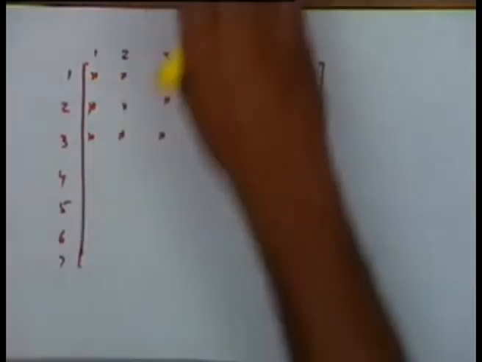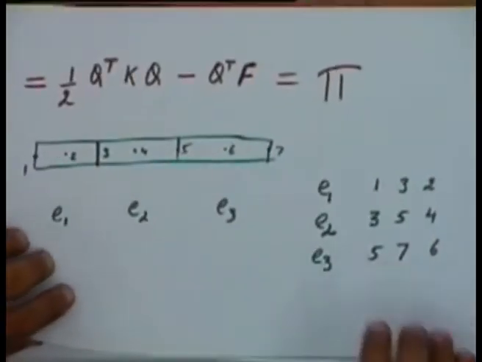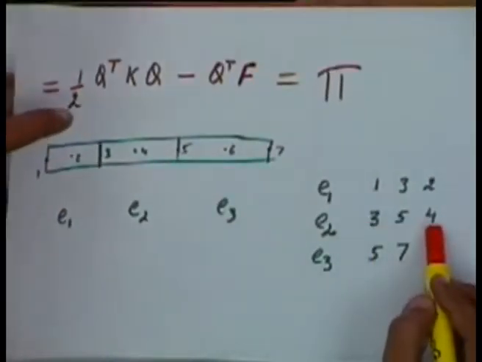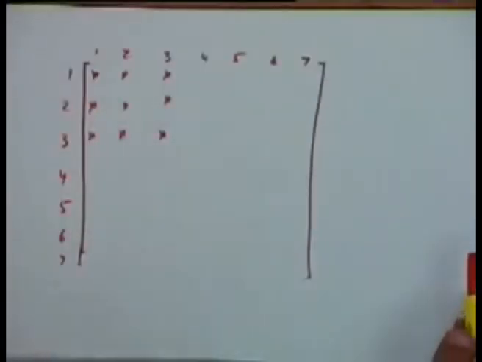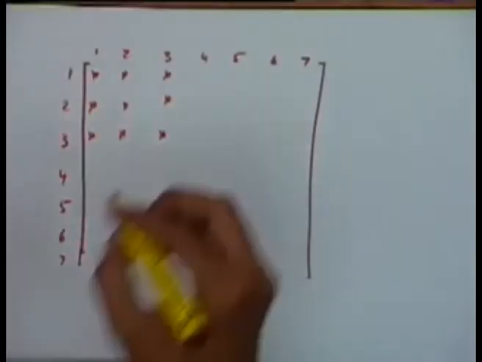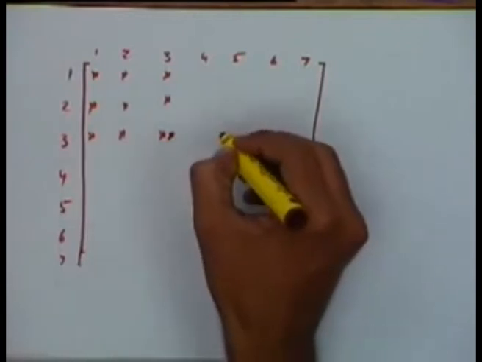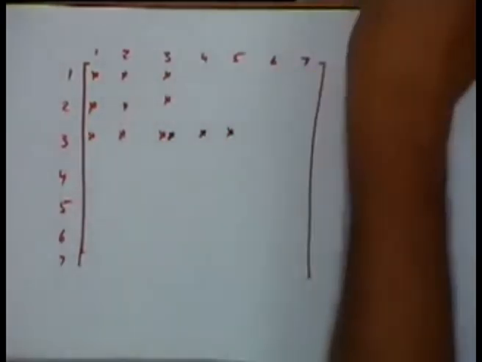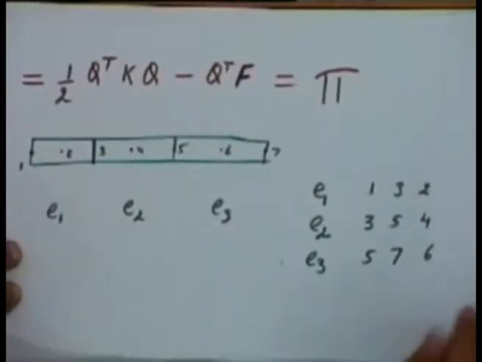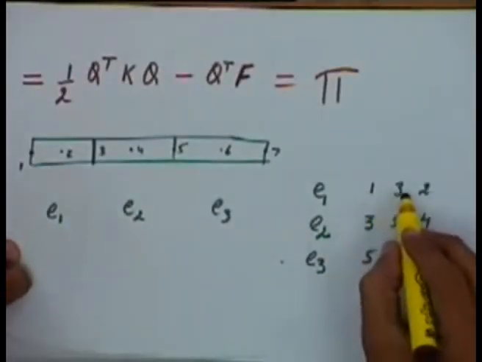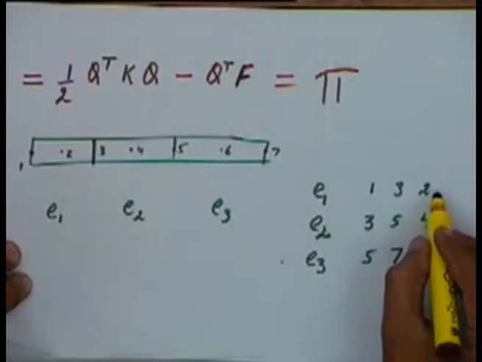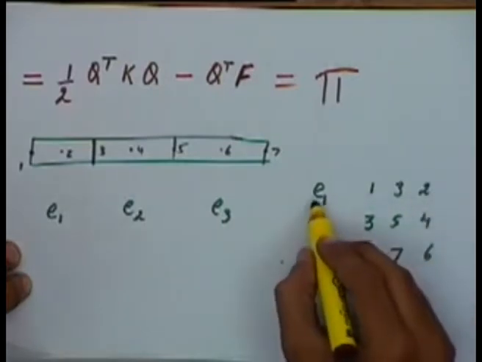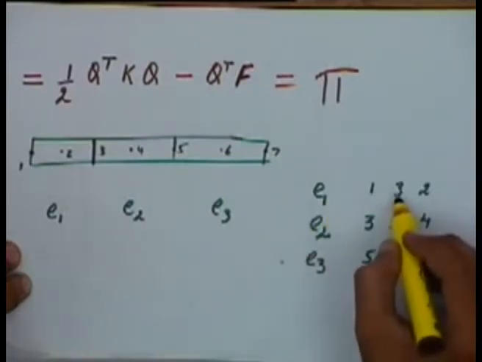My second element is defined between 3, 5 and 4, so the second element will be defined at these locations. Mind you, the sequence is important. I am writing this as 1, 3, 2 and not as 1, 2, 3, because the second node for this element 1 is node number 3.